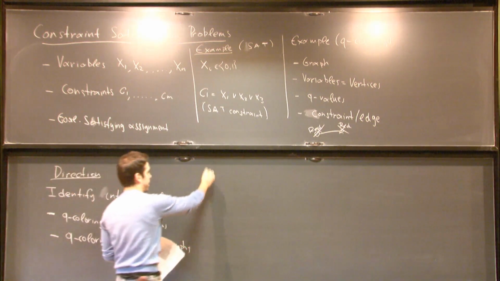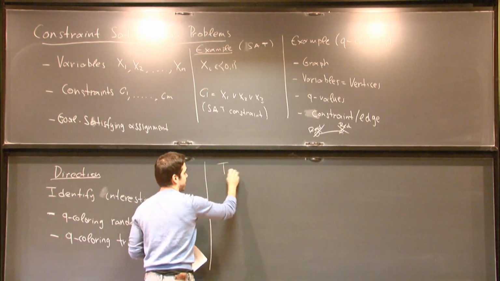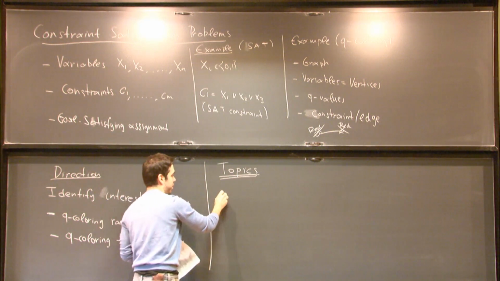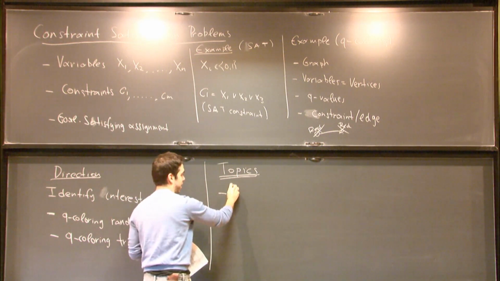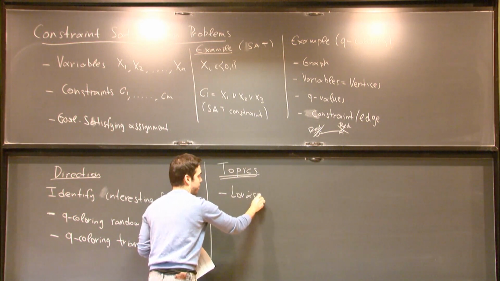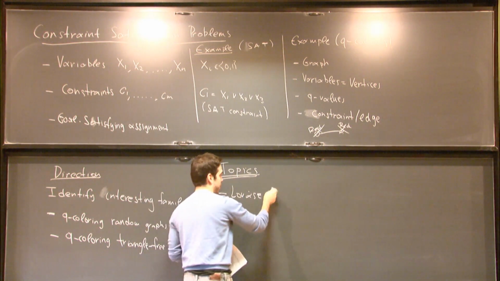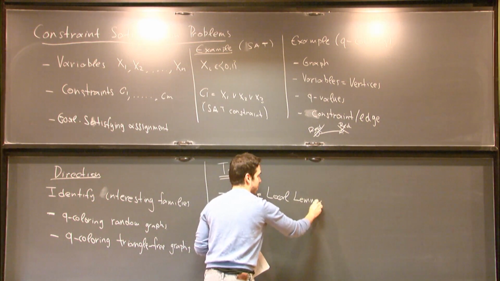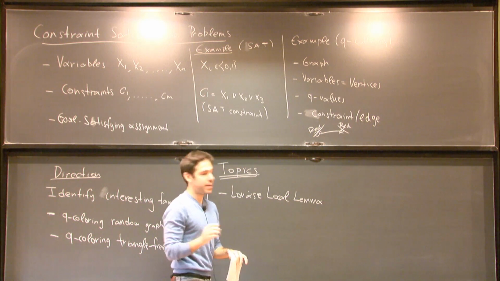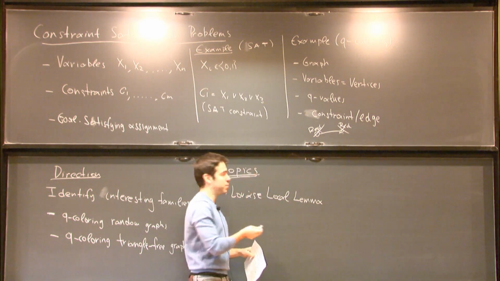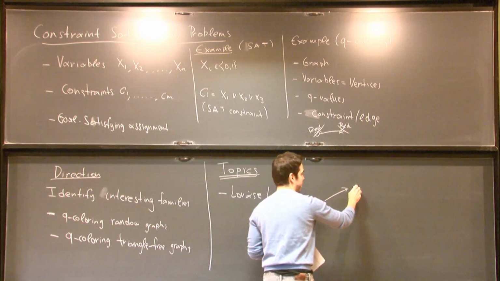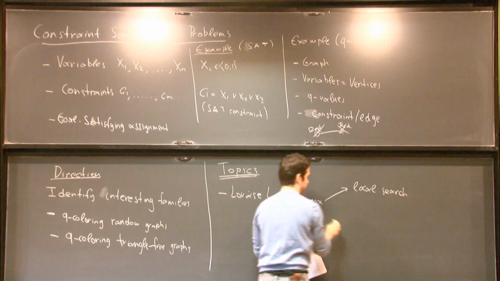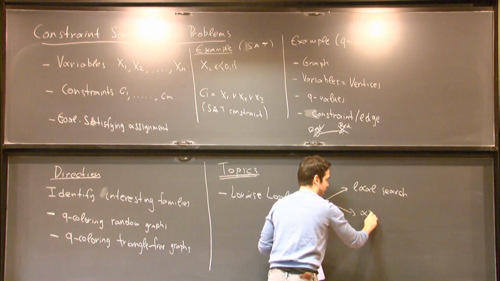In particular, the plan is to cover roughly 2 topics. The first is a tool in probabilistic combinatorics called the Lovász local lemma. So this has connections to many things and has many applications in combinatorics, but I will care about its connections to local search algorithms. Okay, and then some cool applications.